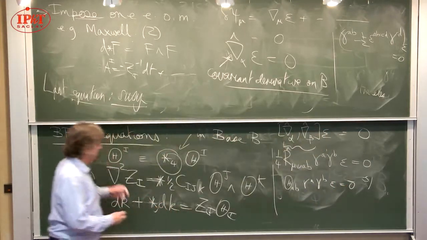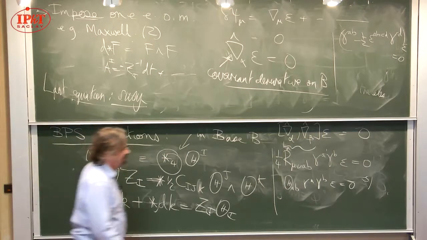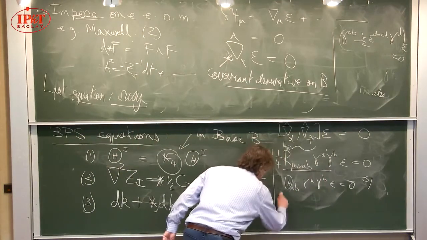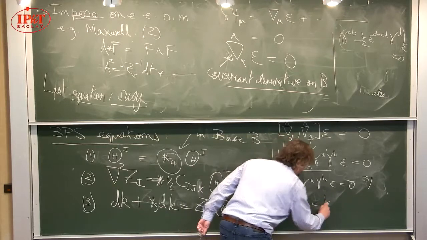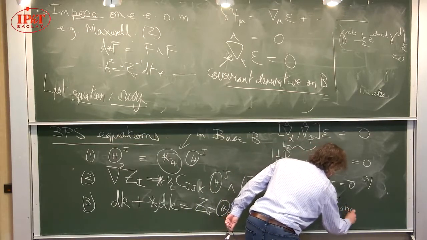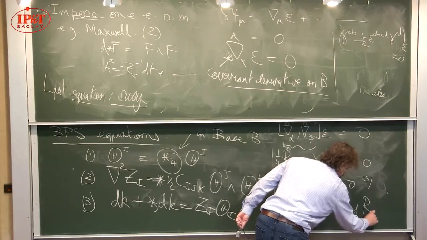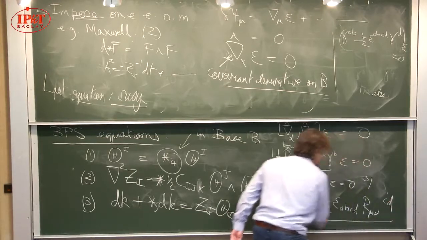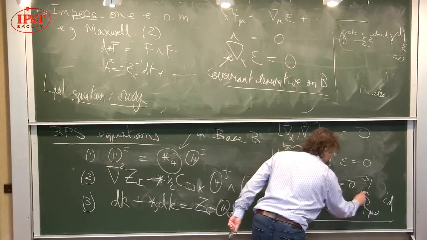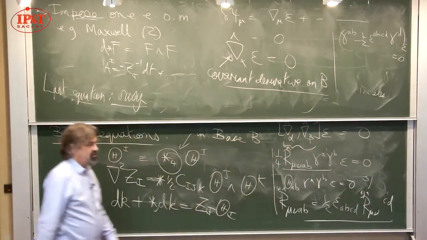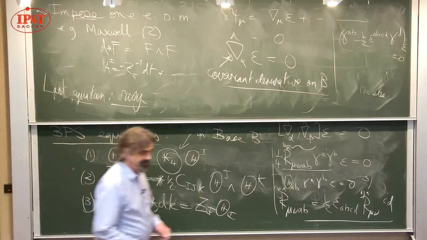This is what was required to solve that condition. And so to solve this, it's exactly the same story. You have to require R mu AB is equal to 1/2 epsilon AB CD R mu CD on the 4-dimensional base. I'm going to talk all about what that means in a minute.